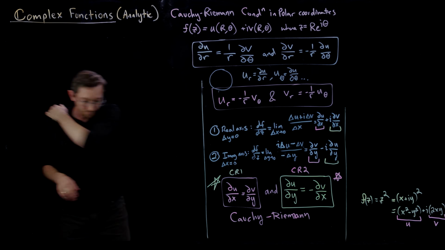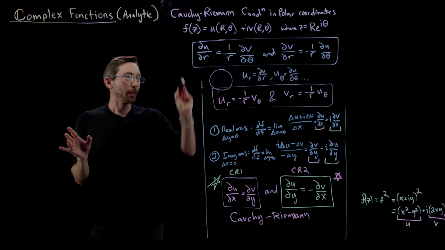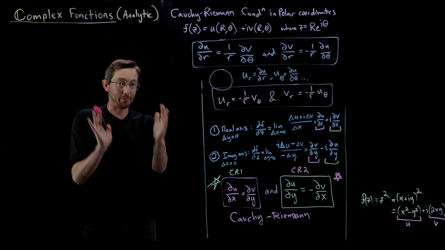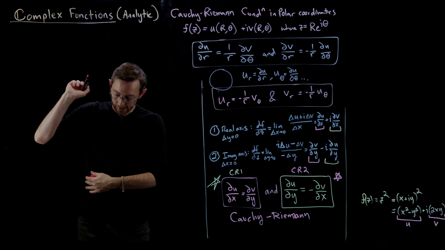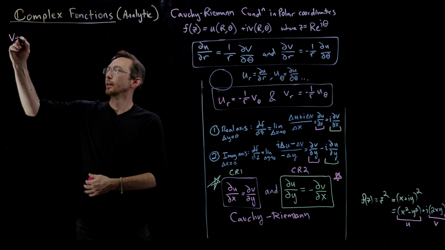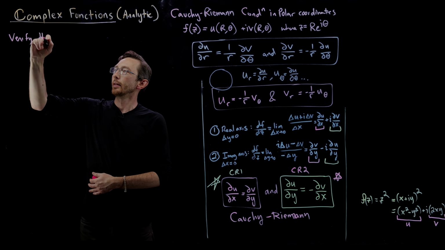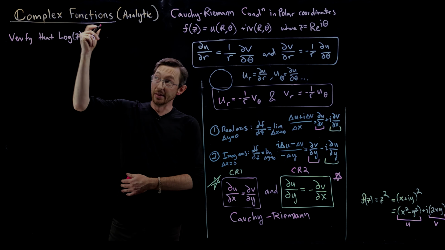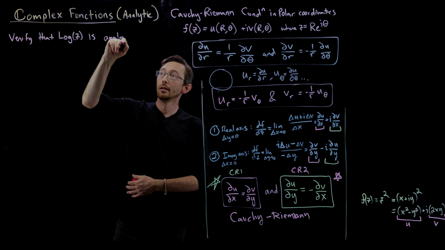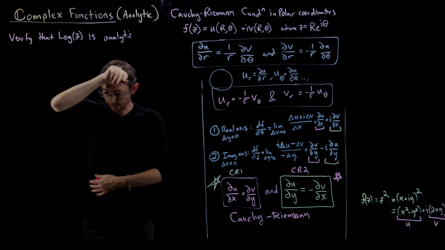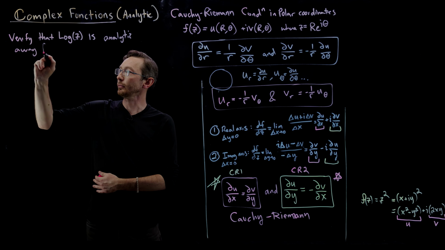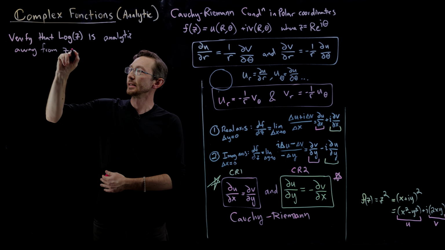OK, so what I'm going to do now, this is a piece of this lecture, is I'm going to verify that log of z is in fact analytic away from z equals 0.